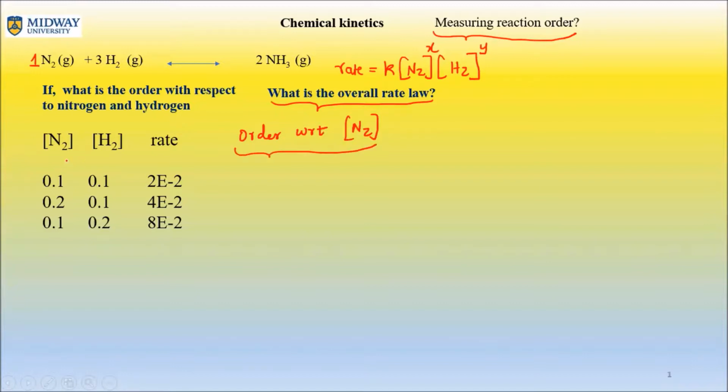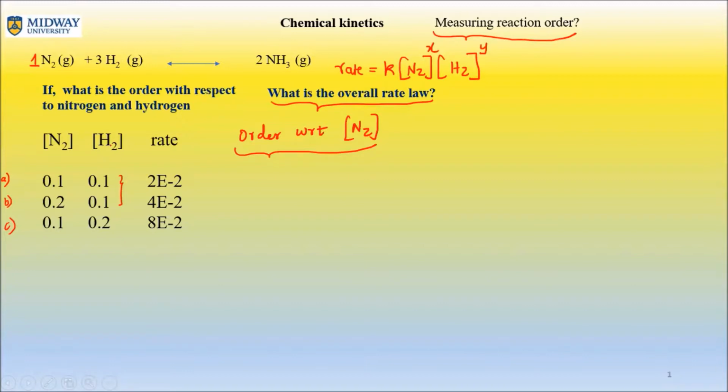Well, if you're trying to determine the order with respect to N2, you pick a condition where the concentration of H2 is constant. Okay, so if I call these A, B, C, they are three separate runs that someone else has done.